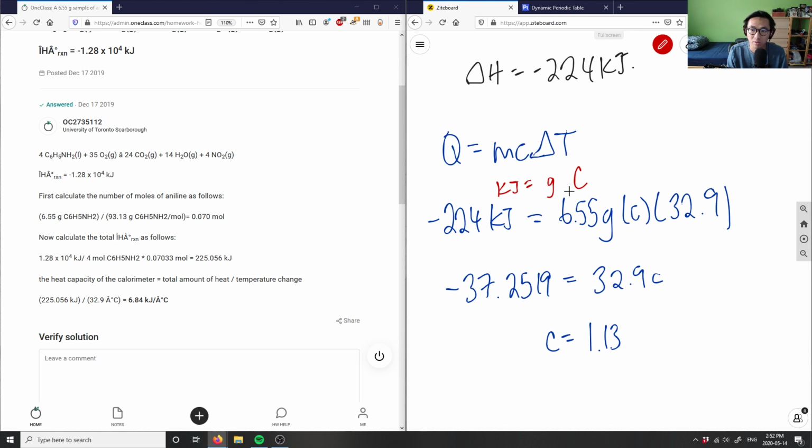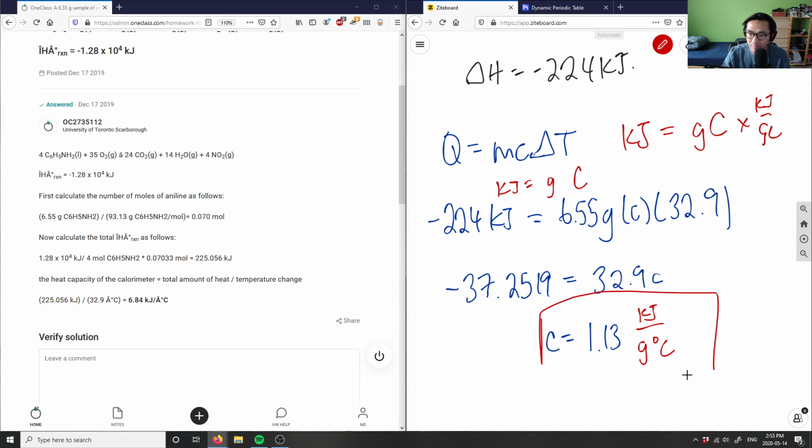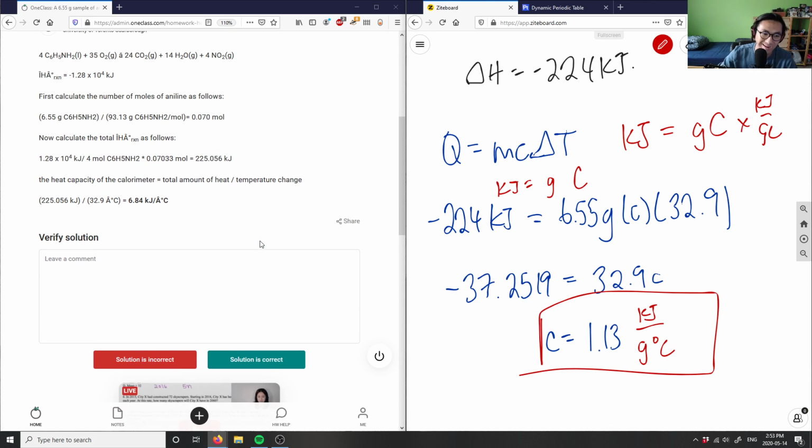So this is kilojoules over grams times Celsius, which is going to be my heat capacity for aniline here. So this here is my answer. And this solution here is incorrect.